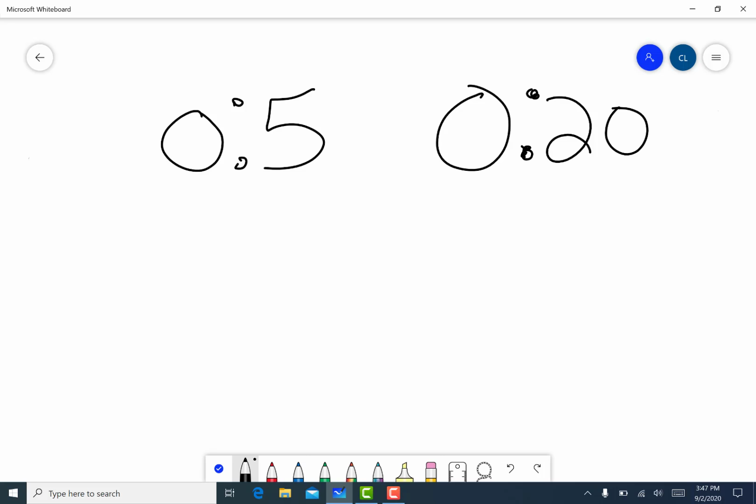This one's kind of tricky. Are these two ratios equivalent? Think about it. Are you multiplying these by the same thing?